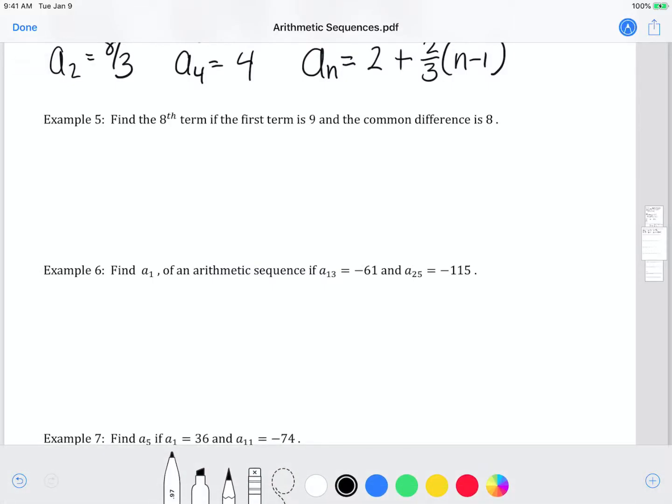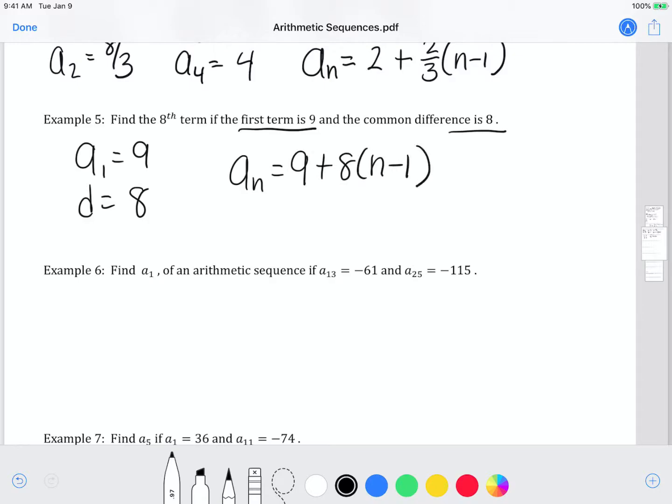In example 5, it says find the 8th term if the first term is 9 and the common difference is 8. If I know the first term is 9 and my common difference is 8, I can come up with my formula for the nth term, which would be 9 plus 8 times n minus 1.